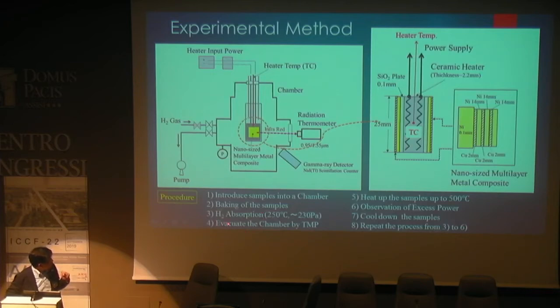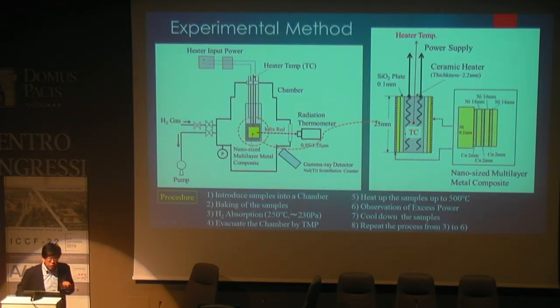And after that, we evacuate the hydrogen gas and simultaneously heat up the sample up to 500 degrees or 700 degrees. And we observe the excess energy generation by this triggering.